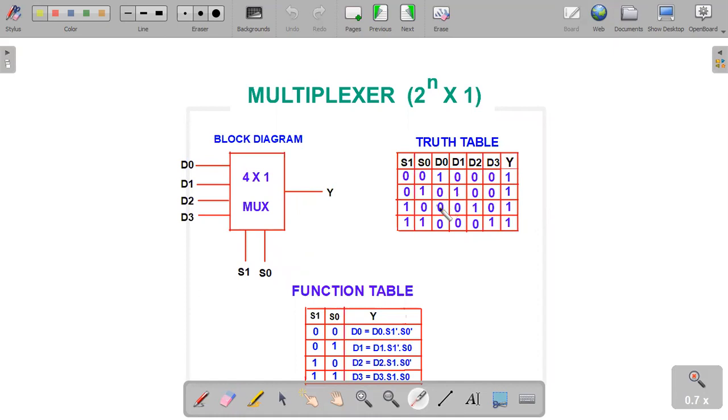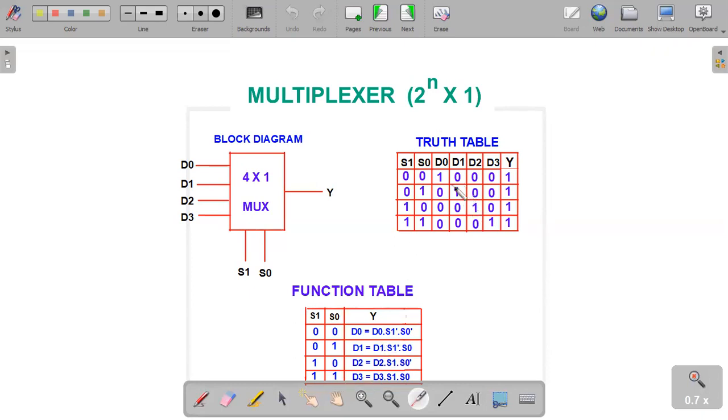Then 10, decimal value 2, Y reflects the output of D2. When S1 and S0 are 11, decimal value 3, Y reflects the output where the input D3 is given. Here is the simplified truth table, which is known as the function table. S1 S0 both 0 means Y gives D0, 01 means D1, 10 means D2, 11 means D3.